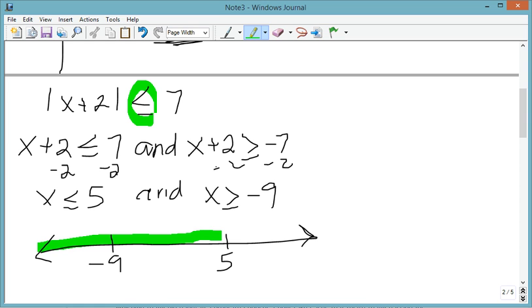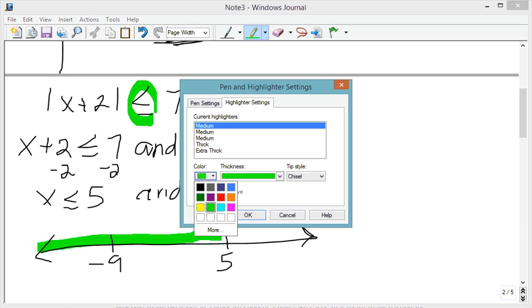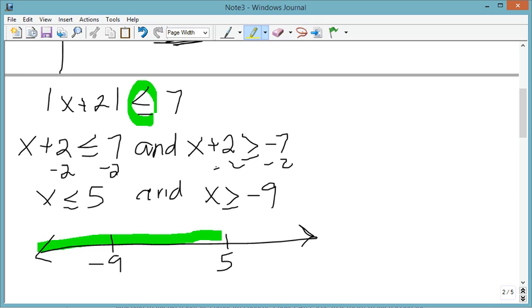And I also want it to be greater than negative 9. So that's going to be this way. And I'm looking for where they overlap. So my answer is just going to be the part that overlaps.